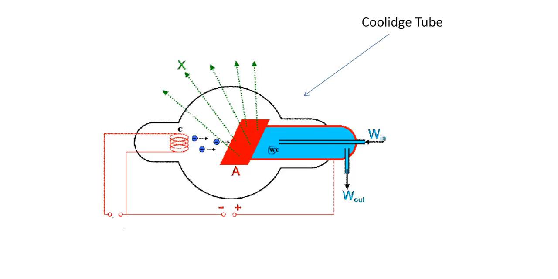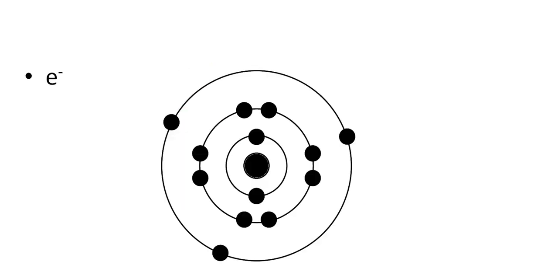So this is the Coolidge tube that I discussed last time, where fast moving electrons strike a target material and X-rays are produced, and this I discussed in detail in my last lecture. Today I am going to discuss the second part, that is characteristic X-rays.